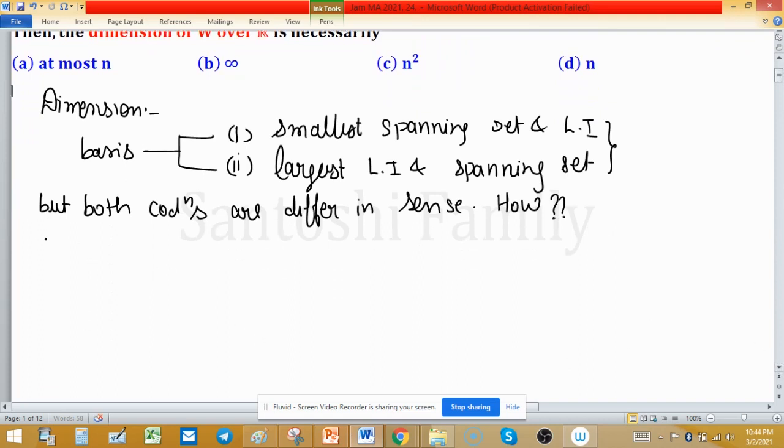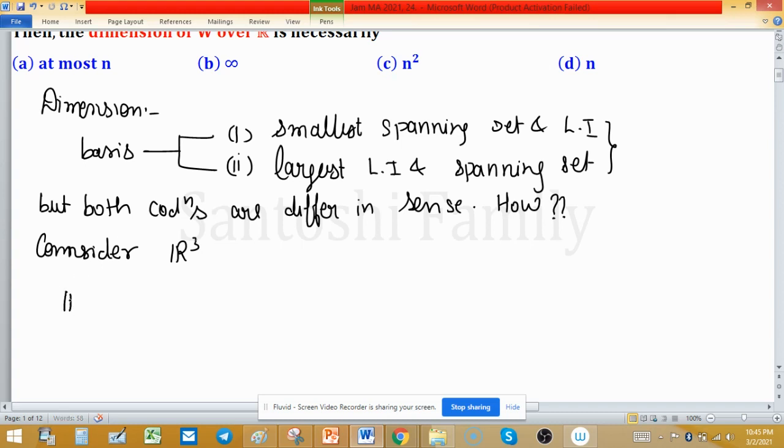So first point is, to justify this condition, consider a vector space R3. We normally know this is a vector space, and in this vector space, subspaces are a plane passing through the origin, a line passing through the origin, and the zero or trivial subspace.